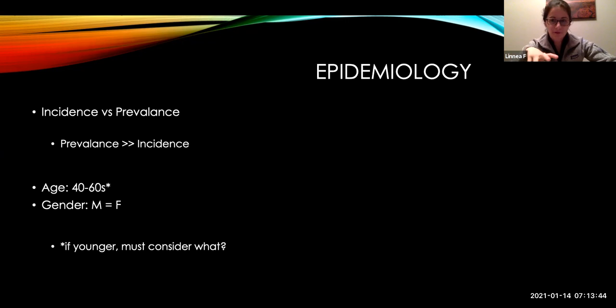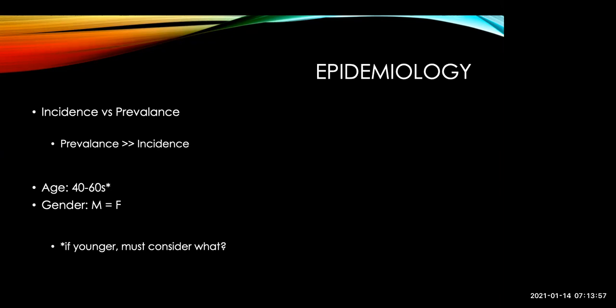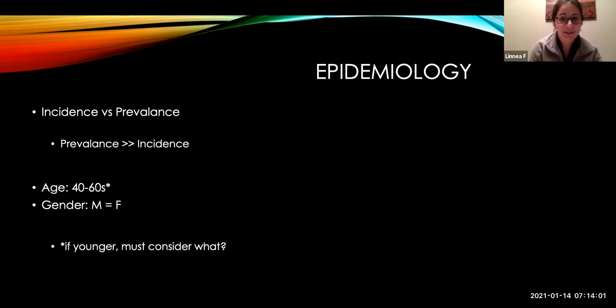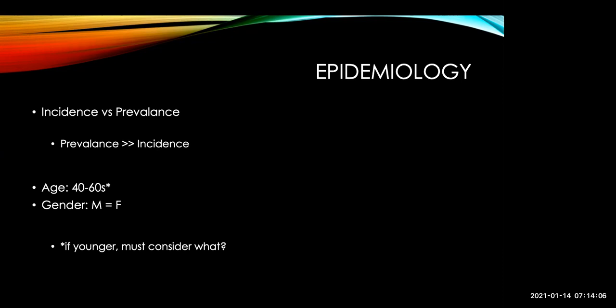If it's a younger person presenting with a vestibular schwannoma, what other diagnosis should you consider? Neurofibromatosis, maybe? Correct. Excellent, Mohammed. So which type? Ooh, secondary question. Type 2. Perfect.